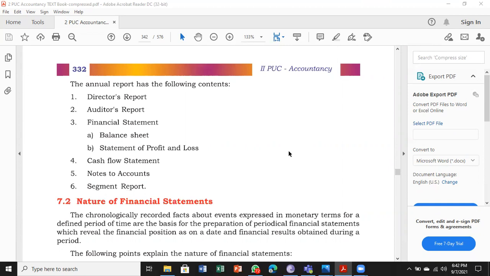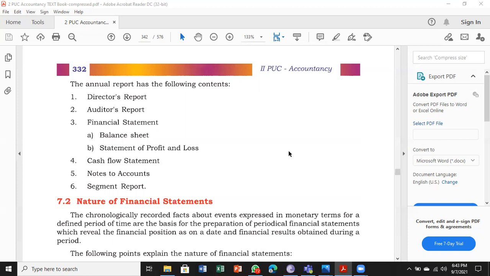So it includes several parts. You have there 6 parts, as you can see here: director's report, auditor's report, financial statement, what I am discussing at present, that is balance sheet and income statement, or we call it statement of profit or loss, then cash flow statement, then notes to accounts, and segment report.